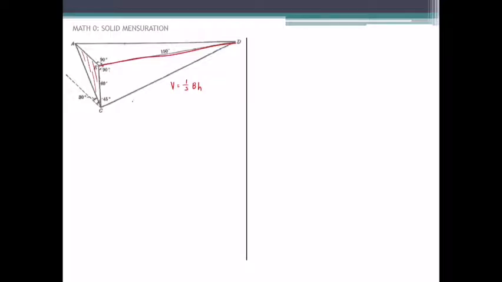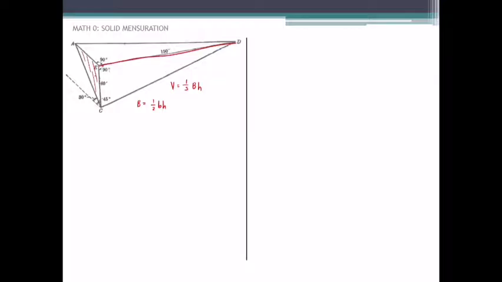Since our base is a triangle, the area of a triangle is 1/2 base times height. So we will try to find the length of the base, and also the height of this triangle, this one.